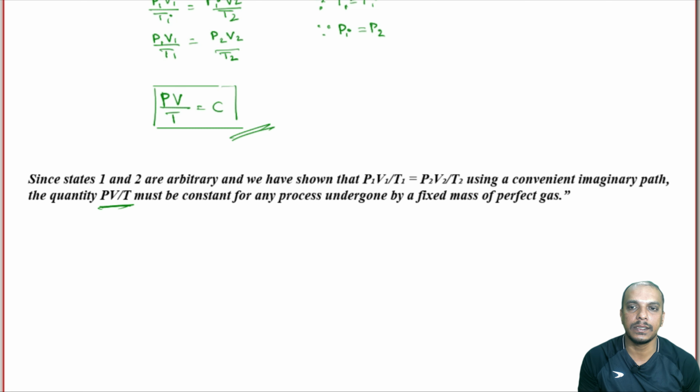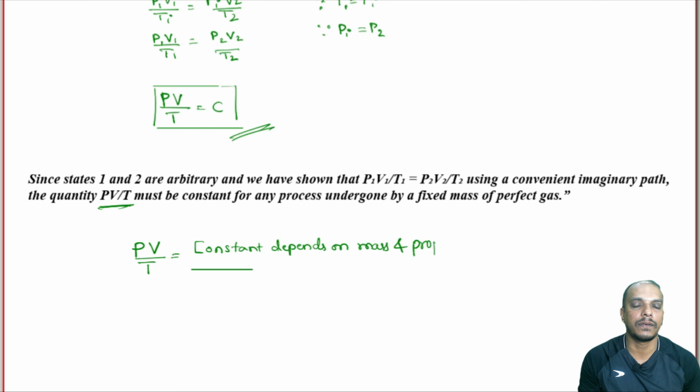Now, what we can say is that PV by T is equal to constant. This constant depends on the mass and properties of the gas. That we will have to talk about now.